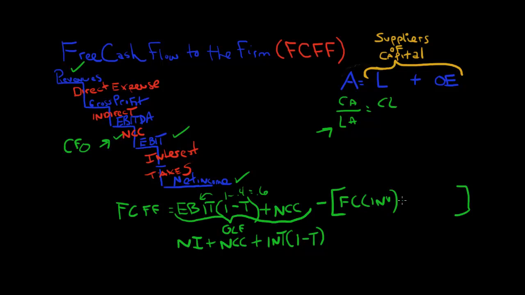Now I also have to add any change in working capital, which would be here. For changes in working capital, I'm only going to look at accounts receivable and accounts payable. I leave out cash because what I'm attempting to do with this entire equation is discuss the change in cash, so I don't want to deal with cash and cash equivalents.